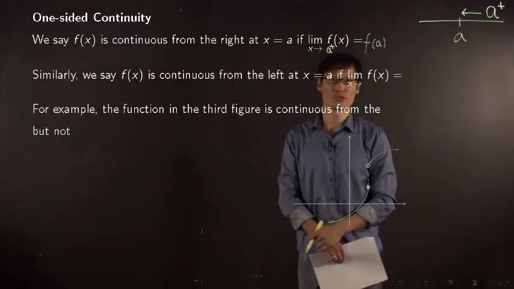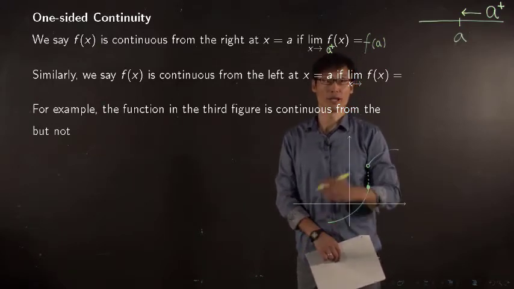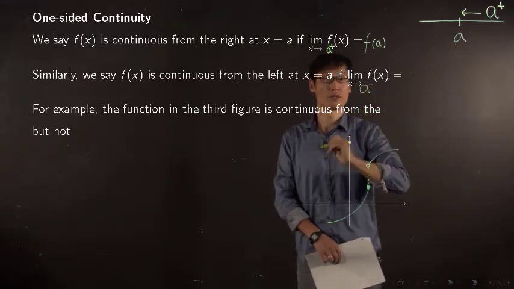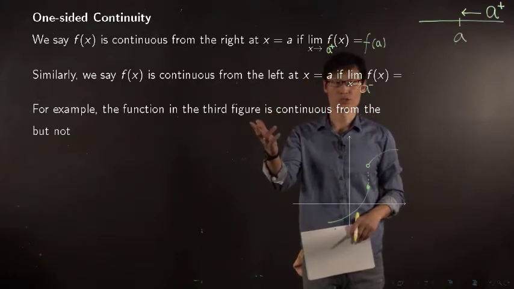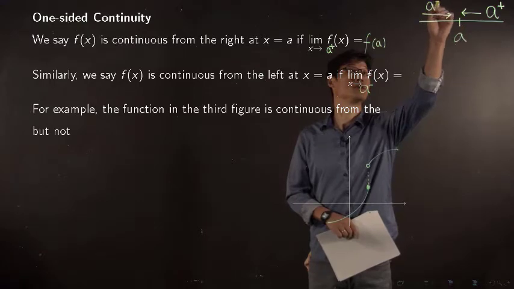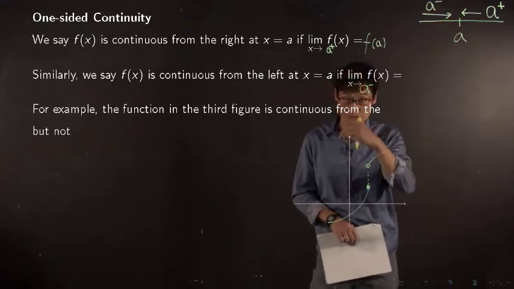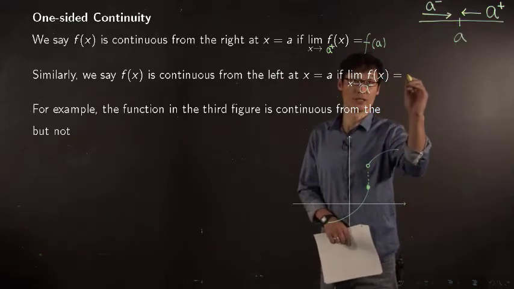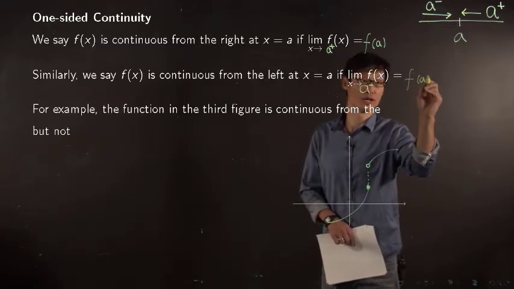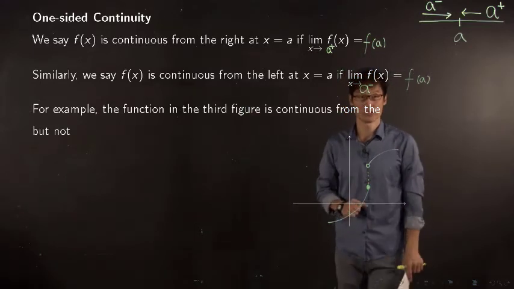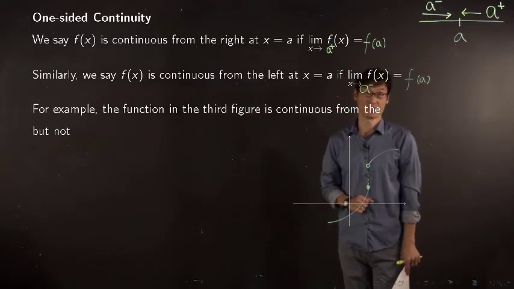Similarly, when x approaches a from the left, you take this one-sided limit and check whether it agrees with the function value. If the two values agree, we say the function is continuous from the left.